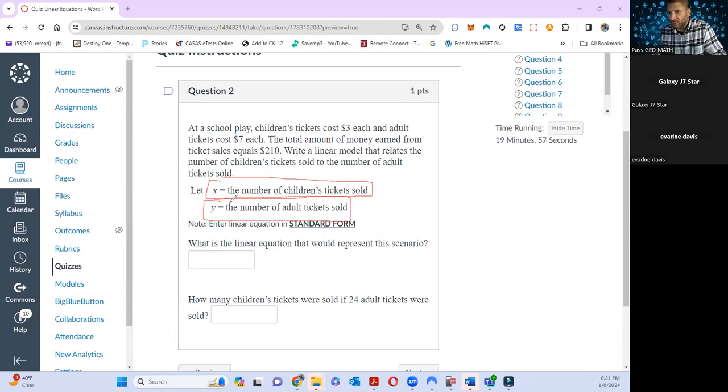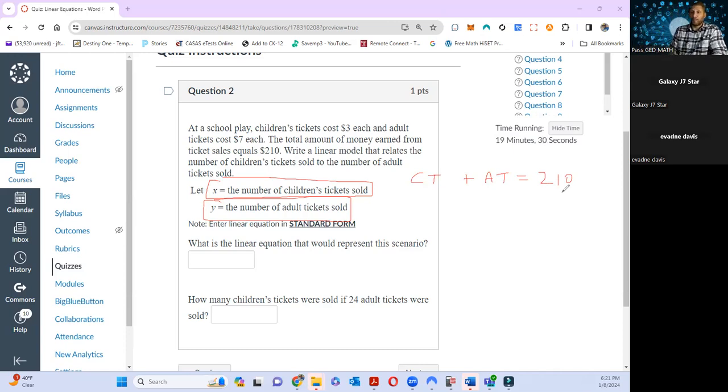Mr. Tinsley, I don't know how to do this problem. Oh my God, what are they talking about? It's not hard at all. Children's tickets plus adult tickets equal 210. The amount of money I made selling children's tickets plus the amount I made selling adult tickets is equal to 210.